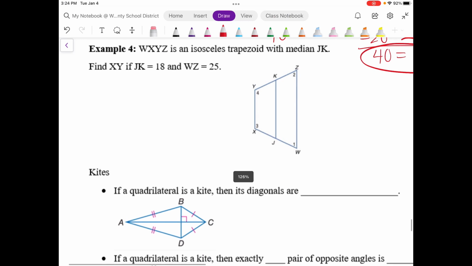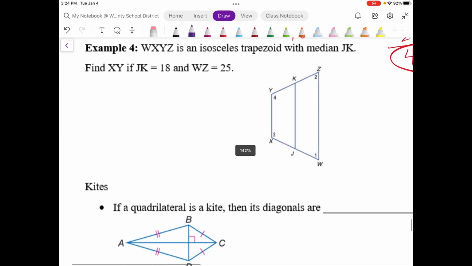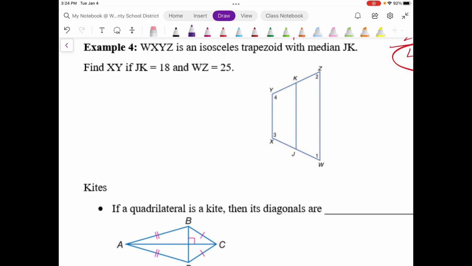Example 4, if you want to pause here and give it a shot, you can. Okay, so we're looking for XY, so I'm going to put an X right there. JK is 18, WZ is 25. Okay. So I know the middle, 18, is equal to 1/2 the two ends added up.